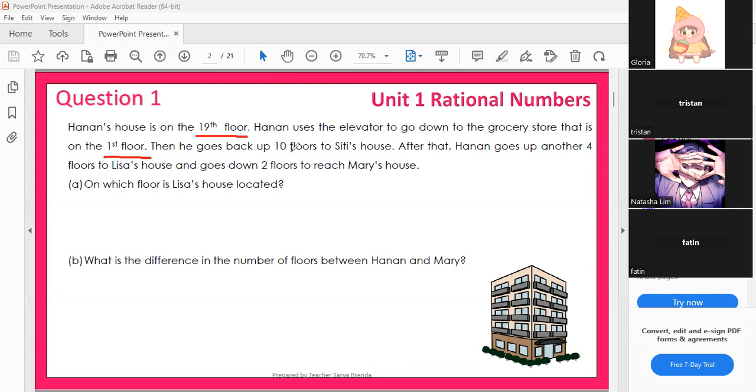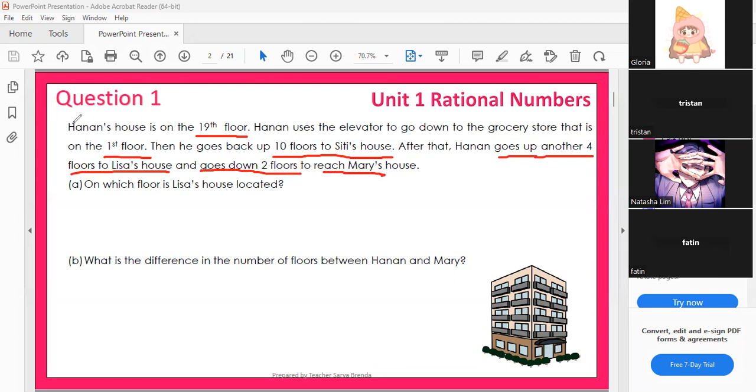Then he goes back up 10 floors to Siti's house. After that, Hanan goes up another 4 floors to Lisa's house and goes down 2 floors to reach Mary's house.